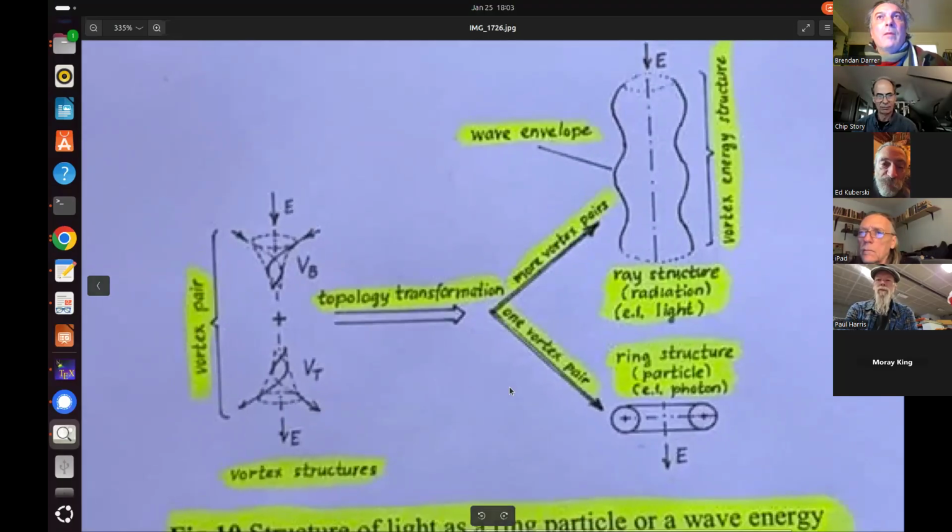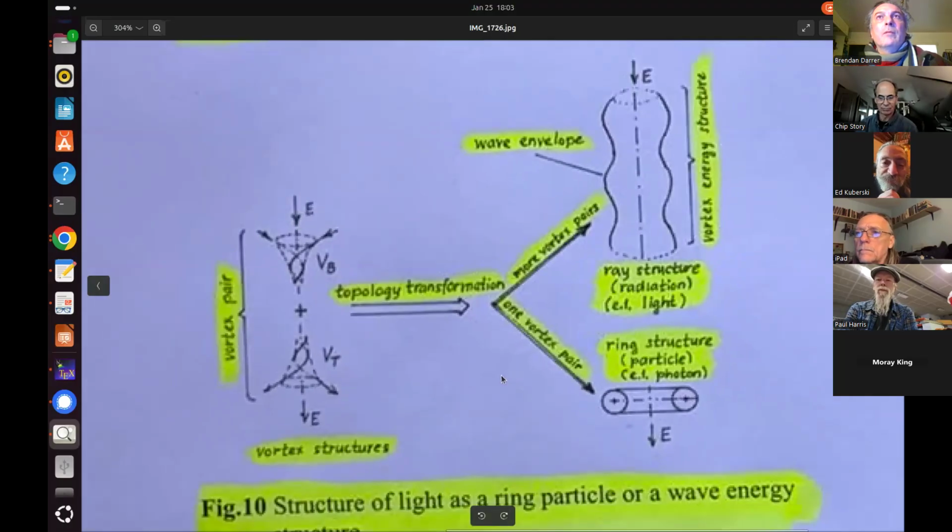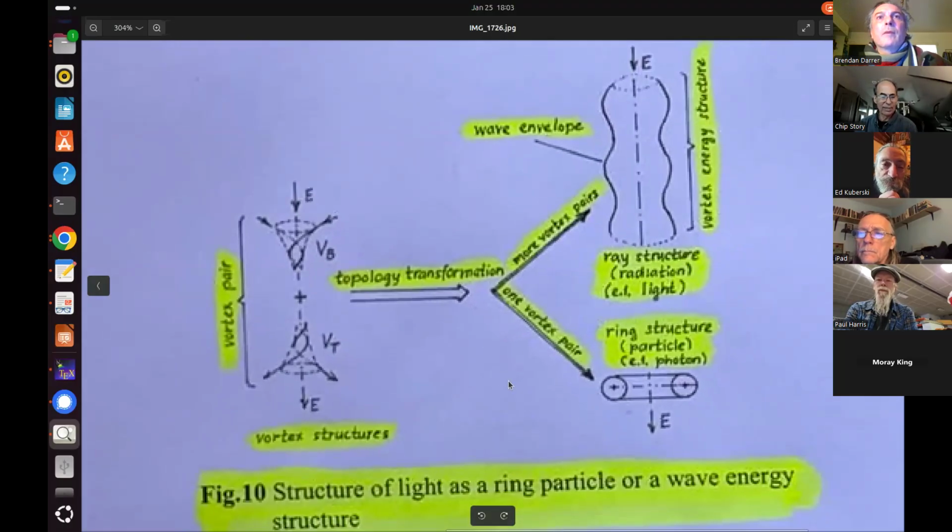So maybe read all the highlighted stuff. All right, so we have a description. Zed pointed out topology transformation, breaking out into vortex pairs, one vortex pair, and then more vortex pairs as a cascade, I guess, a wave envelope.